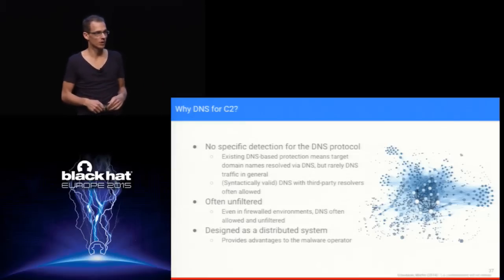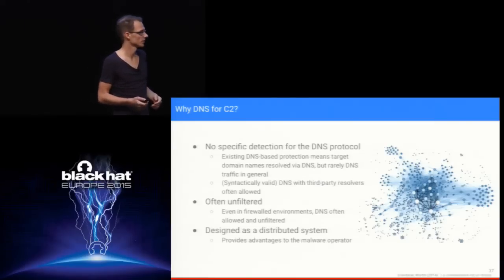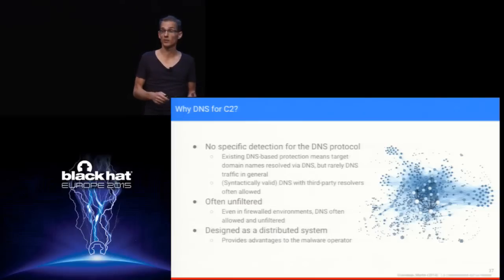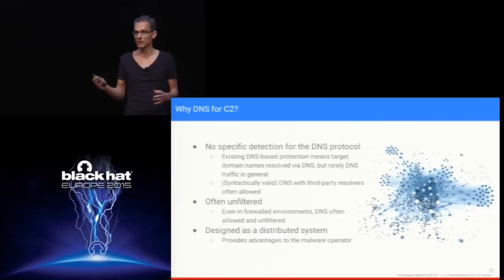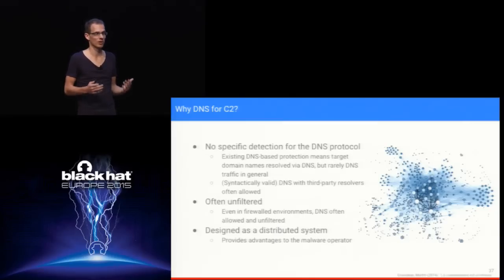So for example, if you're talking syntactically valid DNS with third-party resolvers on the internet, that's often allowed. For example, Google Public DNS or OpenDNS, there are several of these. And that's sometimes even allowed in, let's say, heavily firewalled environments. So in environments that try to restrict communication, but they do allow DNS to go through, and they do even allow DNS to go through to third-party resolvers.